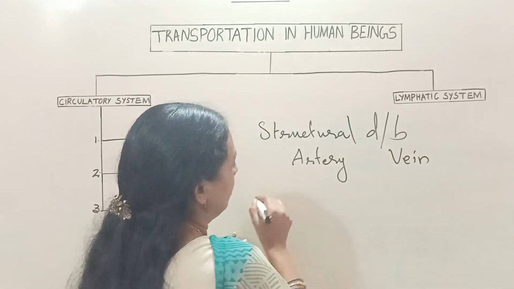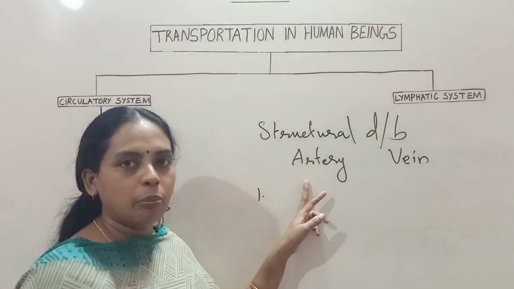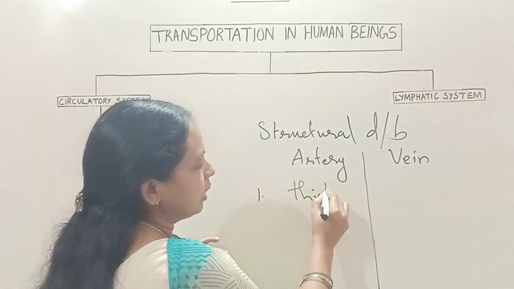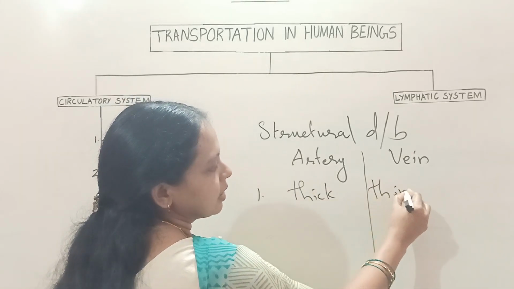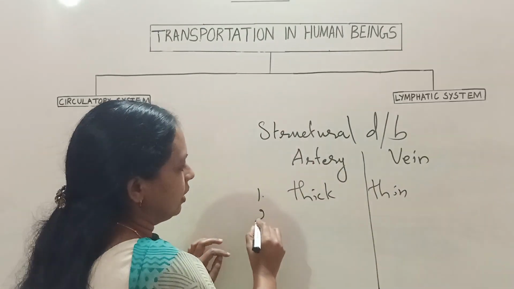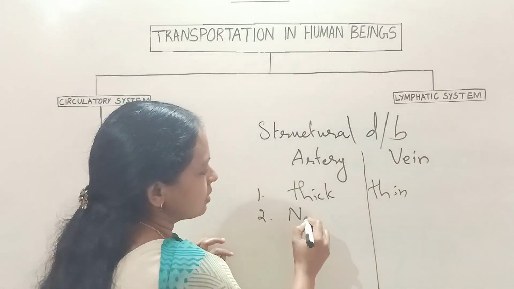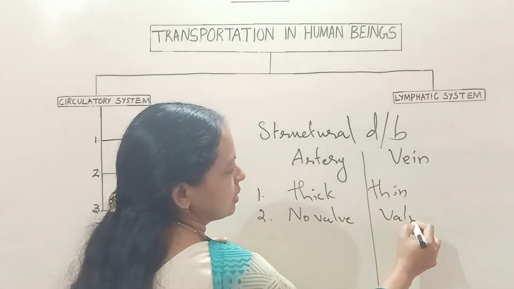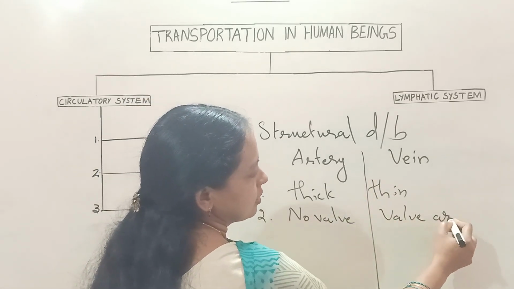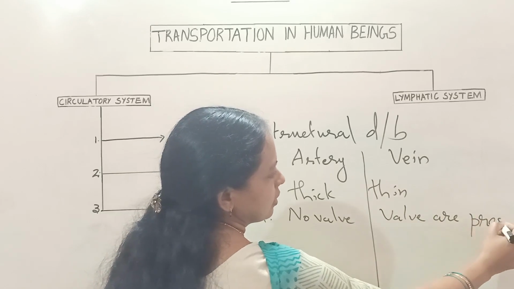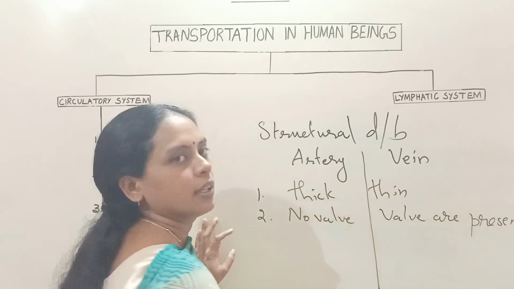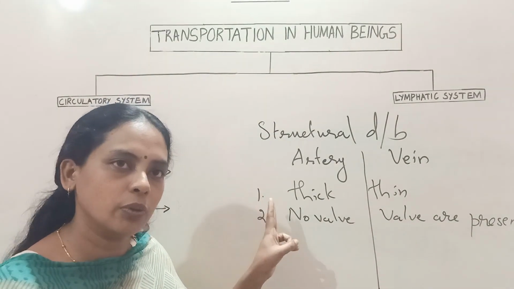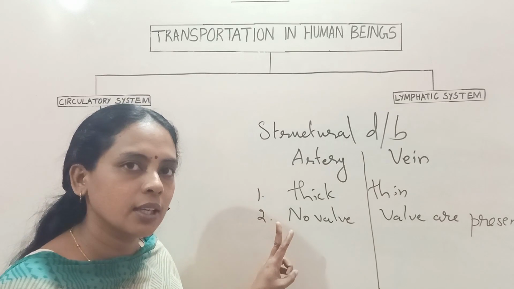Artery is made up of a thick elastic wall, whereas vein is made up of a thin elastic wall. Then, no valves in artery, whereas valves are present in vein. So these are the two structural differences between artery and vein.